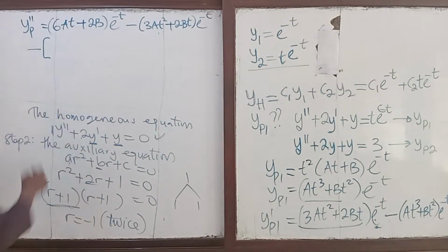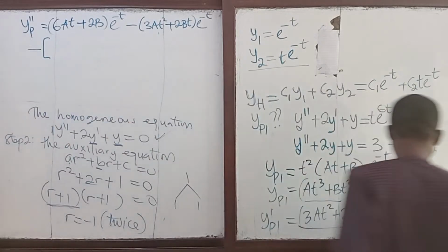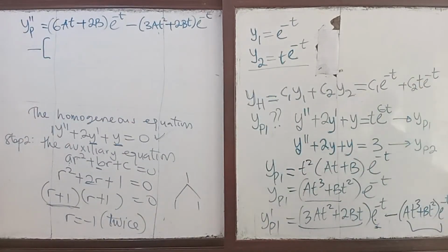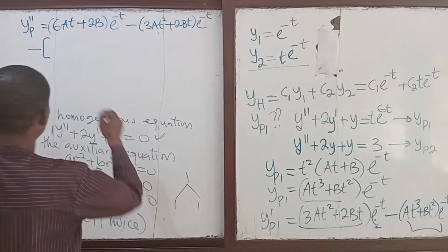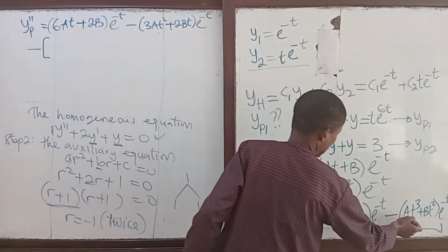Open your brackets. Now apply the product rule for the second segment. I'm just doing the first one: differentiate the brackets.